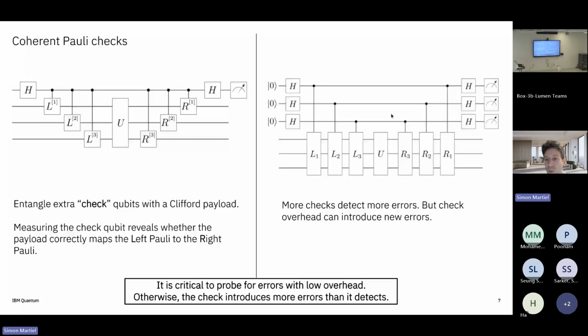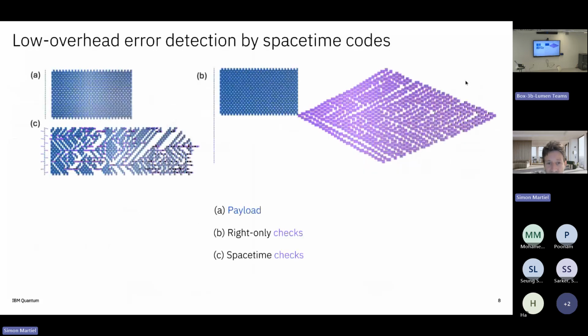So we only implemented the right checks. But since we constrained the qubits on a line, you can see the layout on the left here, we had to insert many swap gates, and the resulting circuit looks like this. So you can quickly grasp that there are way more purple gates than blue gates, and you can guess that this is not going well. If we try to actually run this circuit, we will end up just measuring pure noise because we completely destroy quantum information by adding too many gates.